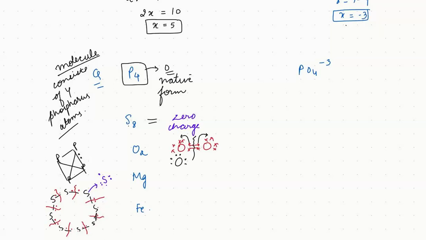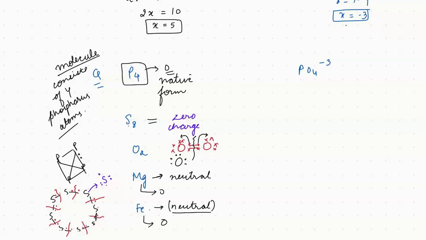Mg is neutral, iron is also neutral. So the oxidation state of iron is 0, and for magnesium it is also 0.